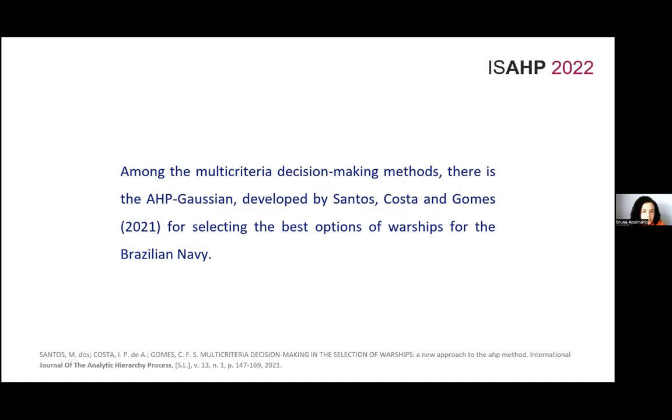Among these methods, there is the AHP Gaussian, developed by Santos, Costa, and Gomes for selecting the best options of warships for the Brazilian Navy, and that has been utilized in other works, such as hospital acquisitions and the selection of a large cargo aircraft model for the Brazilian Air Force.